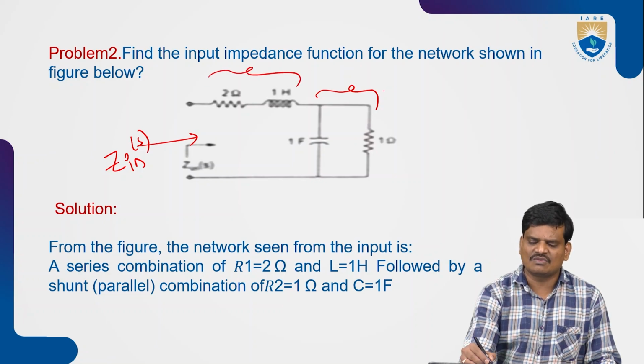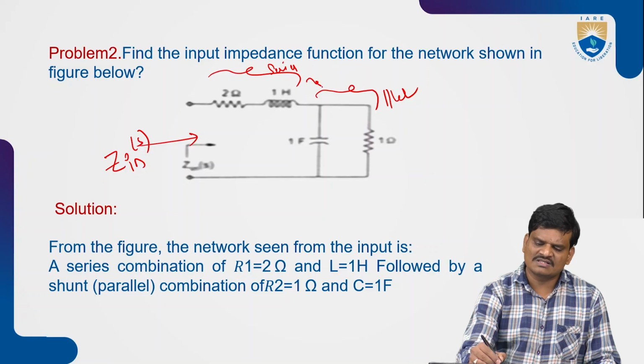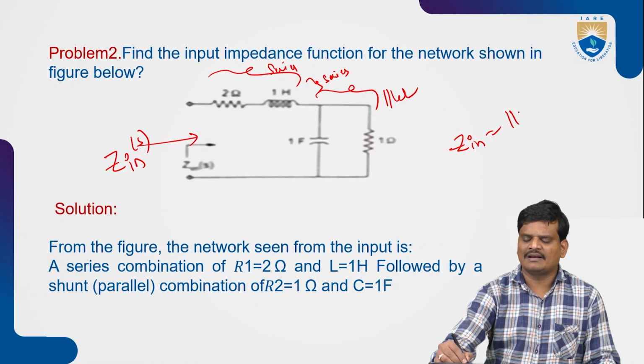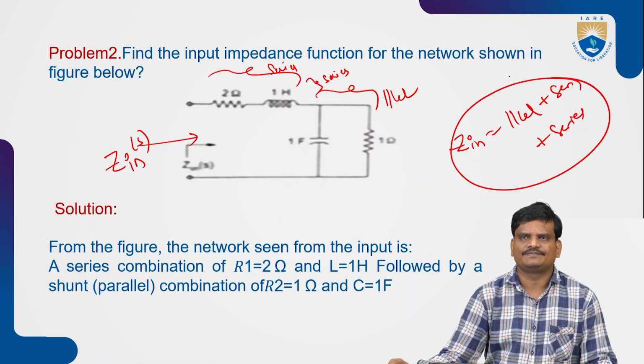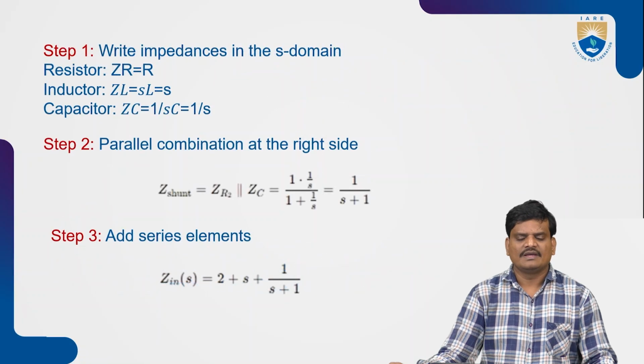This combination is parallel and this combination is series, and both these combinations will again be in series. You will get the final value if you do all these combinations. Parallel plus series will give you the final solution of input impedance.